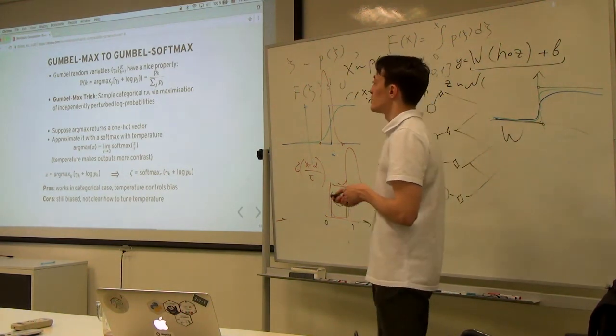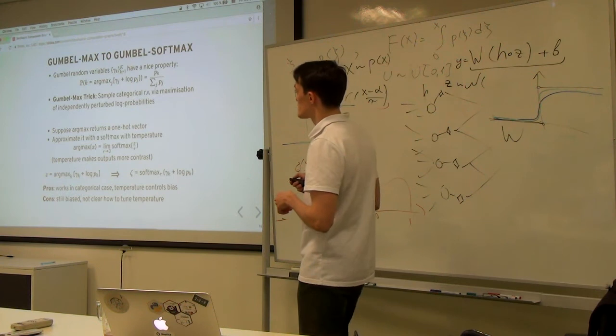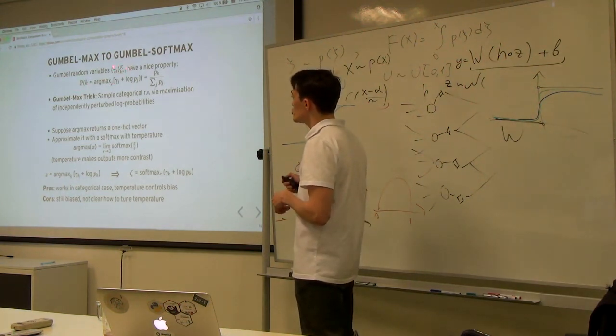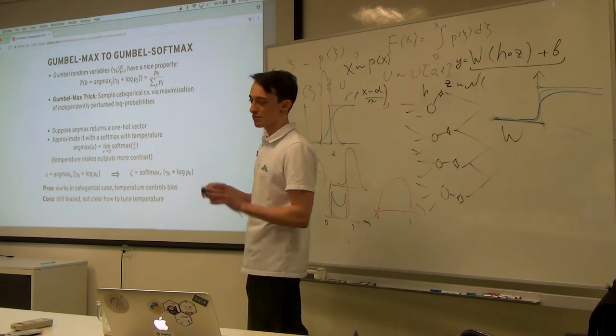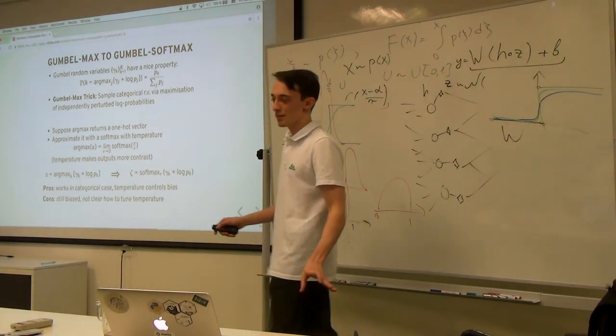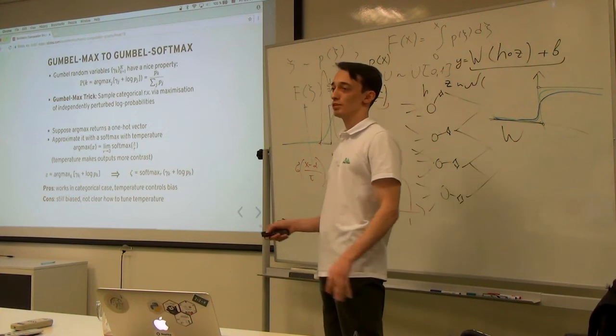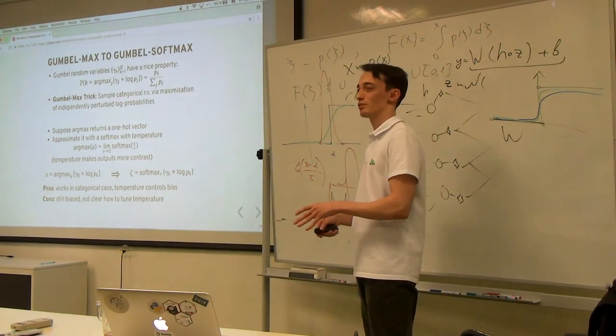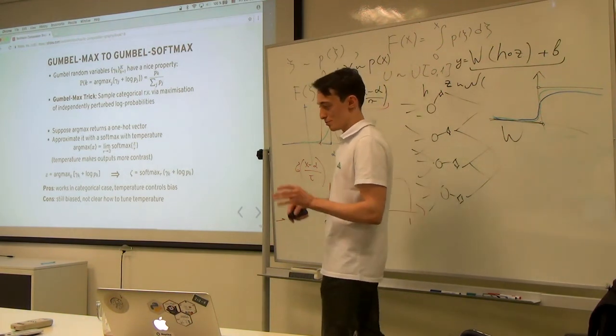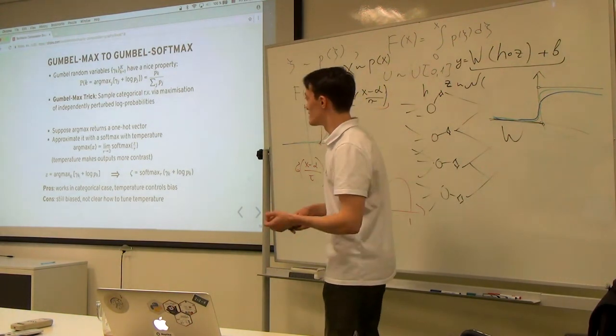In particular, the Gumbel-Max trick says that if you take a bunch of independent Gumbel random variables, and it doesn't really matter what Gumbel random variables are, they are quite simple to sample. You just need to sample a uniform random variable and apply logarithm twice, and add minuses where necessary.